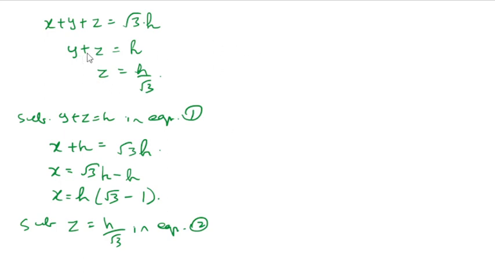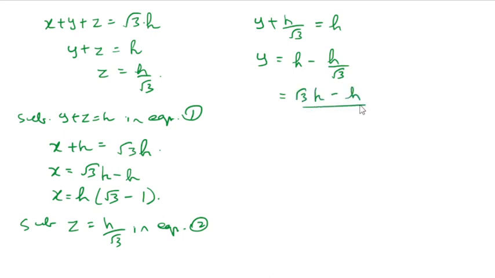Equation 2 is y plus z equals h. So y plus, replacing z as h by root 3, equals h. So y equals h minus h by root 3. So this becomes, cross multiplying root 3, root 3 times h minus h over root 3. Taking h common, h times root 3 minus 1 over root 3.